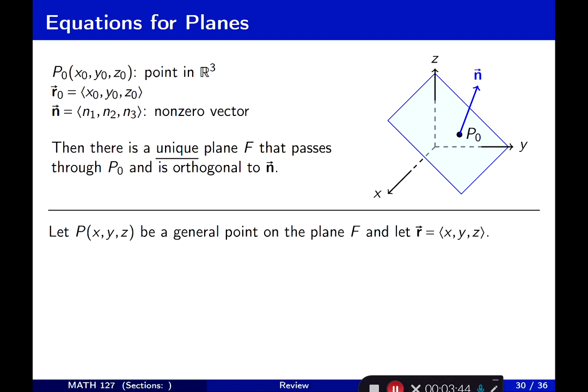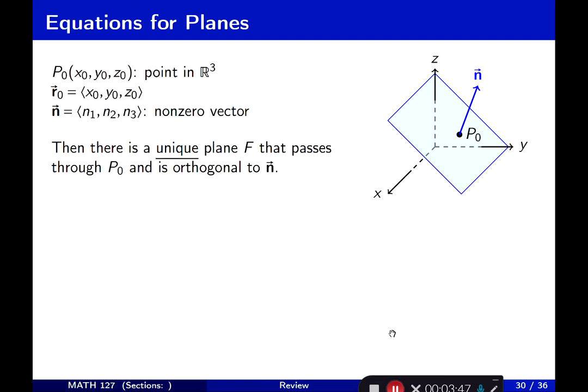Having one non-zero orthogonal vector and a point always gives you a unique plane, and so that's enough.